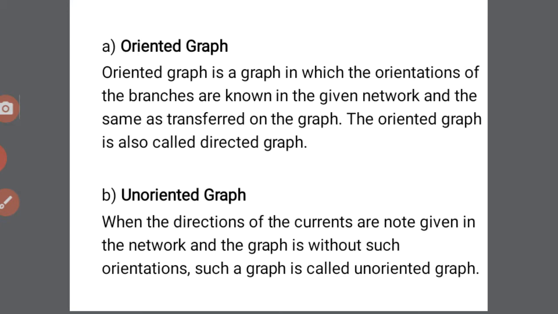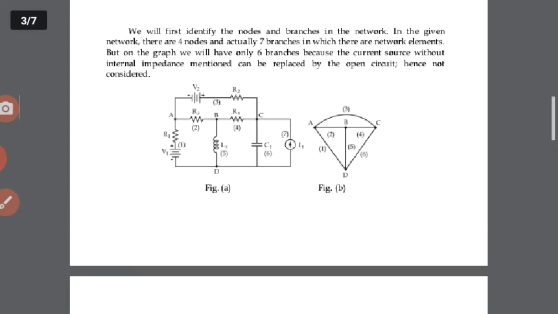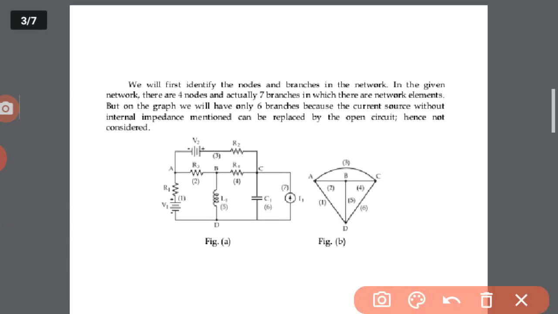Is it clear? Suppose in our network we represent the flow of current of each branch in its direction, then that is the oriented graph.